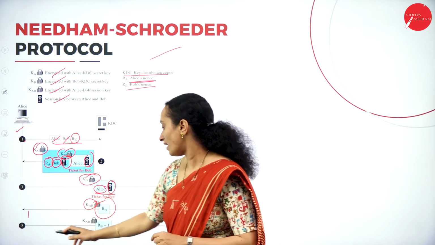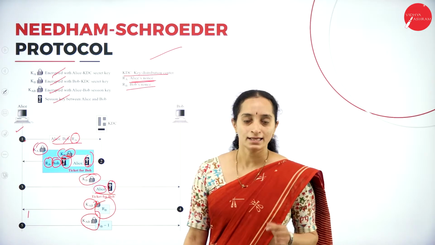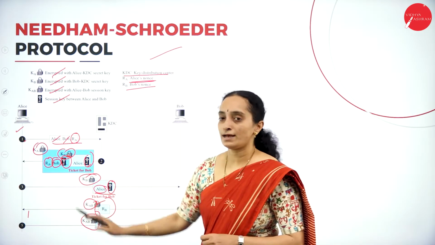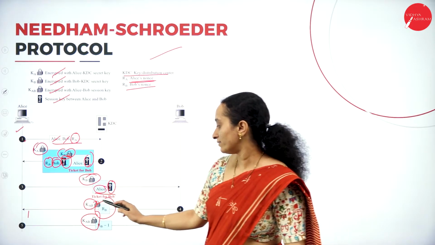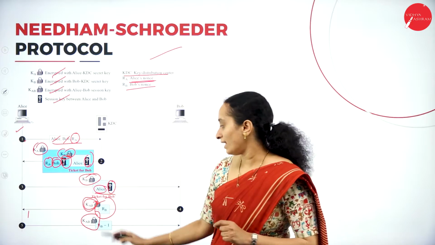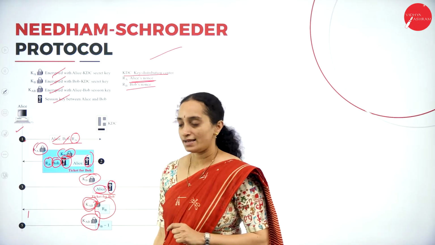Alice can now send the secret key K of AB. This is a challenge made by Bob, who sends the synchronous key along with the session key to Alice.